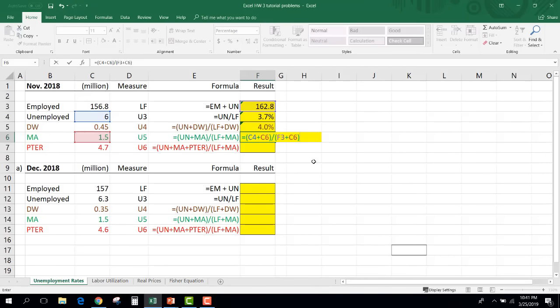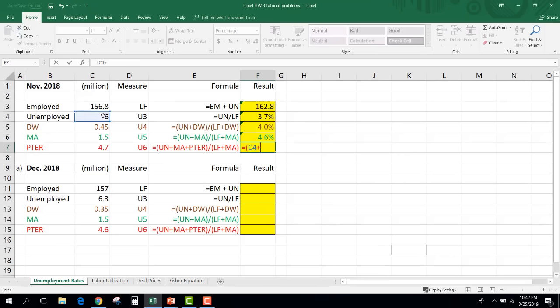Okay, so there's U5, 4.6, and you'll notice these rates will progressively get a little bit bigger and bigger because we're adding more people and having a proportionally larger effect on the numerator of this ratio than the denominator. We'll have a significant effect here because we don't add PTER to the denominator. They are already in the labor force. So let's see what this does.